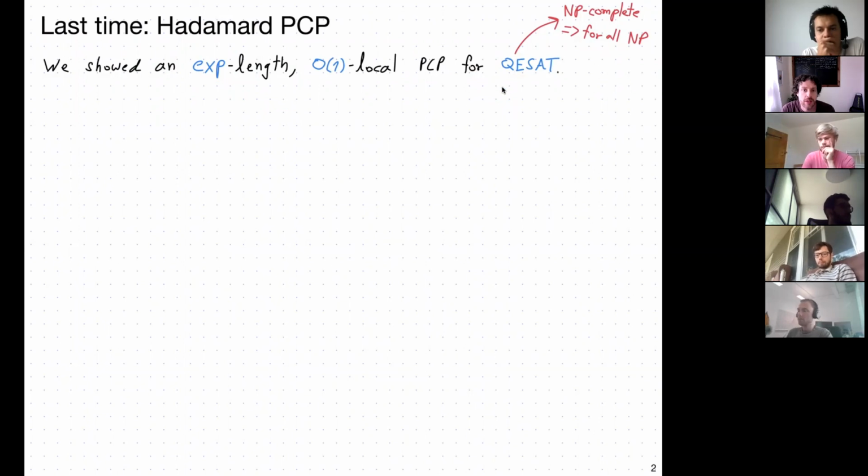Okay. So that's what we did, and the way to perceive it is: we started with some proof of polynomial length, and we made it something of exponential length. But now instead of reading the whole thing, we can just probe it locally at a constant number of locations.